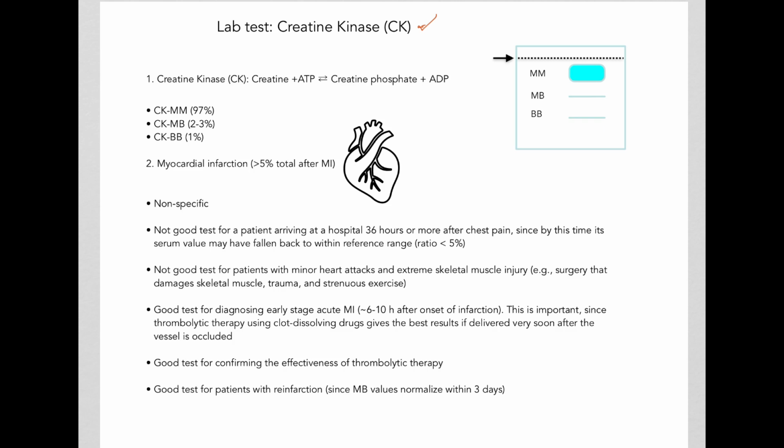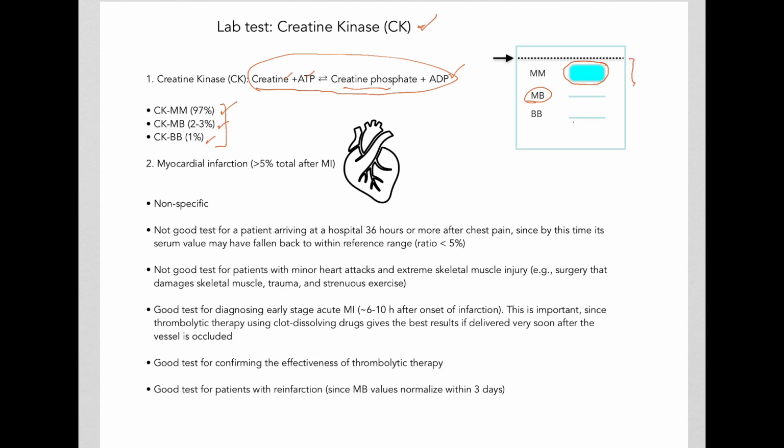Now, creatine kinase is an enzyme that catalyzes this reaction between creatine and ATP, forming creatine phosphate and ADP that we see in muscle cells. There are 3 isoenzymes of creatine kinase. MM is the major form that we find, 97%. 2 to 3% is the MB form, and less than 1% is the BB form.